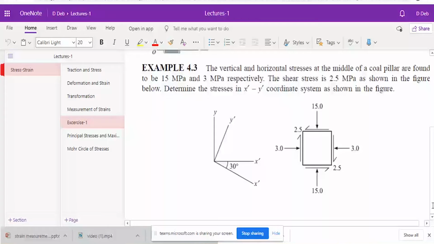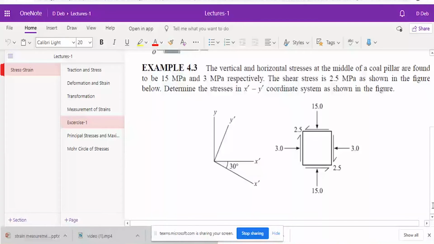Shear stress, the configuration which is given is positive, is 2.5. And angle theta, tell me, is it positive or negative? Negative, yes, negative because it is rotating clockwise.